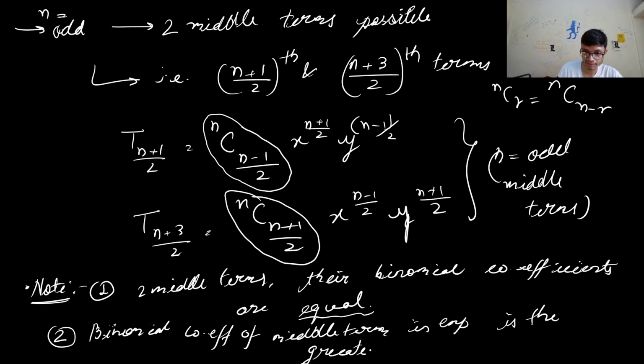This is another very important note that you must remember. Many times in the question you will be asked to calculate the greatest binomial coefficient, not the coefficient, but the greatest binomial coefficient.